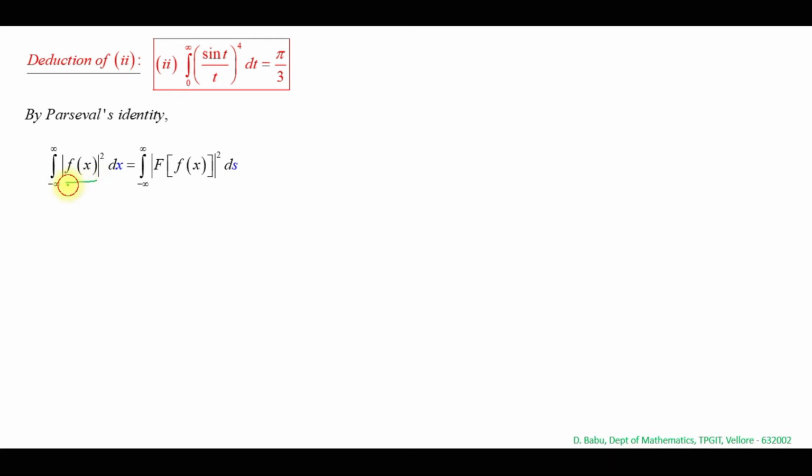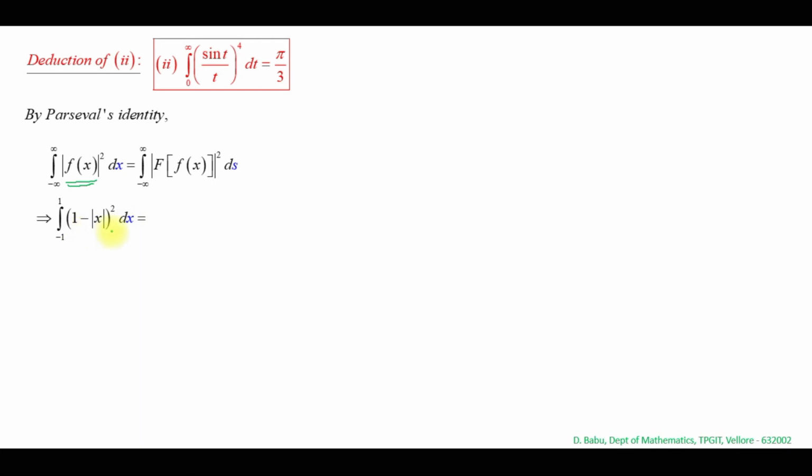We know f of x equal to 1 minus mod x, which is given in the problem, defined in the limits minus 1 to plus 1. Therefore we change minus infinity to plus infinity as minus 1 to plus 1: 1 minus mod x the whole square dx.